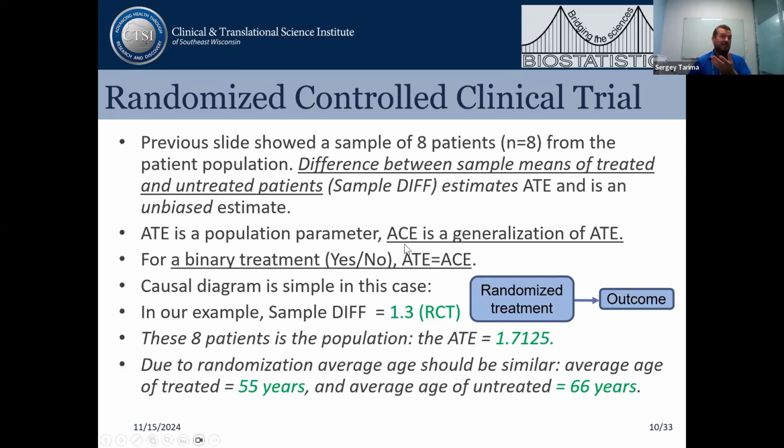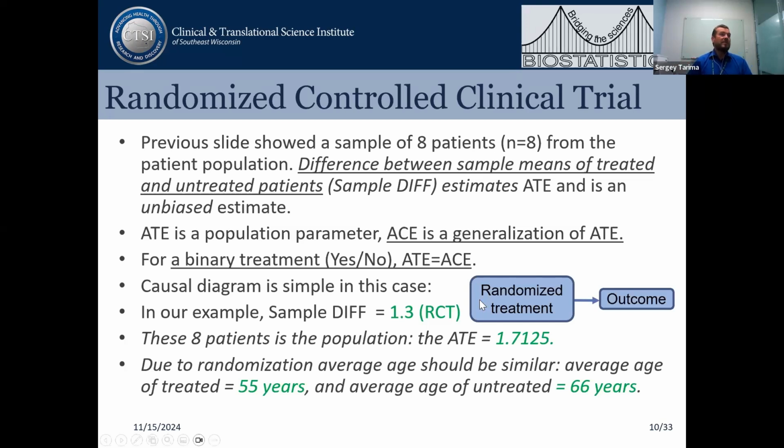Since in this talk we will mostly be discussing two groups, it's a binary treatment, like yes, no, treatment applied or not applied. In this case, the average treatment effect is the same as the average causal effect, because we would like to establish a causal effect from treatment to the outcome.